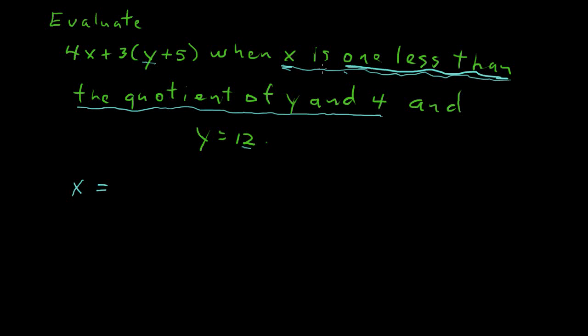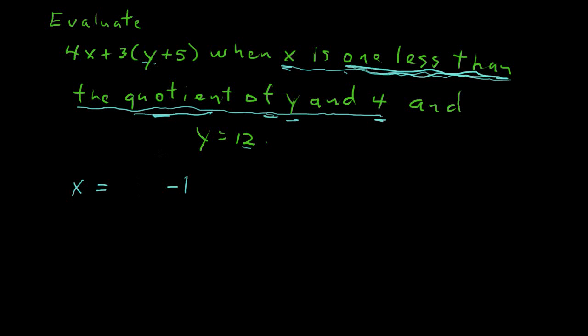One less than means I'm going to subtract 1 from something. And now let's look at what the something is. The something is the quotient of y and 4.